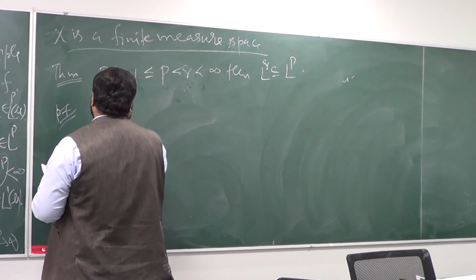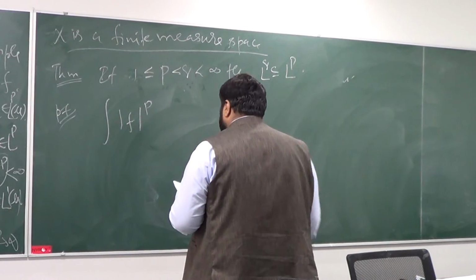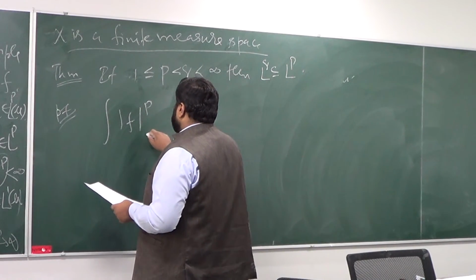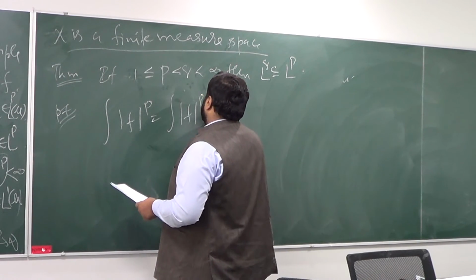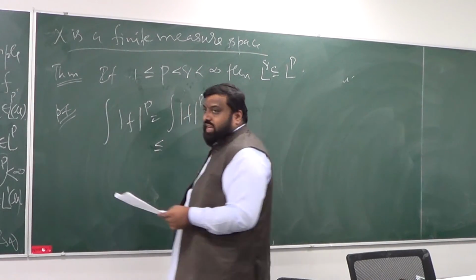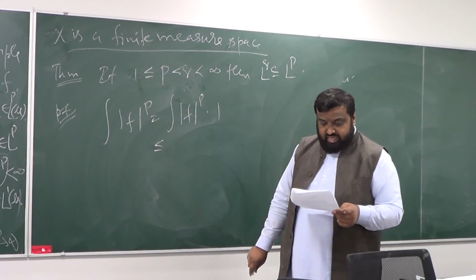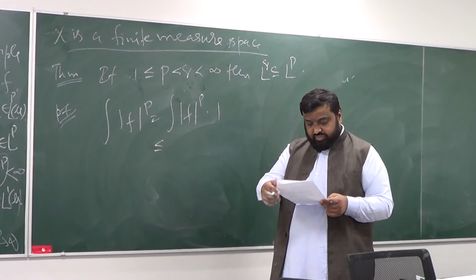So if I take the integral of |f|^p times 1, and then I apply Holder's inequality with the exponents p and q.